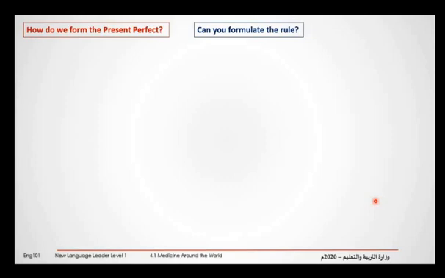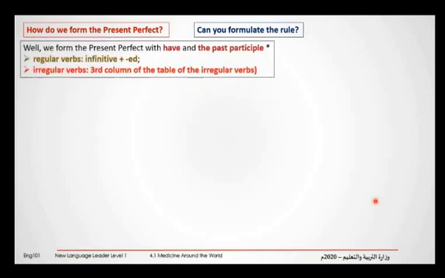Okay, let's look at the rules. So, we form the present perfect with have and the past participle of the verb.